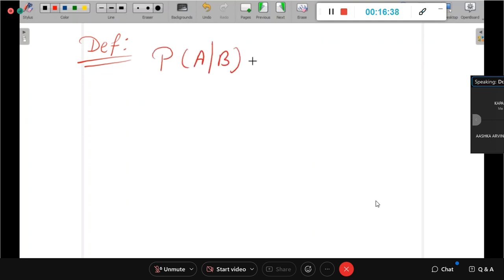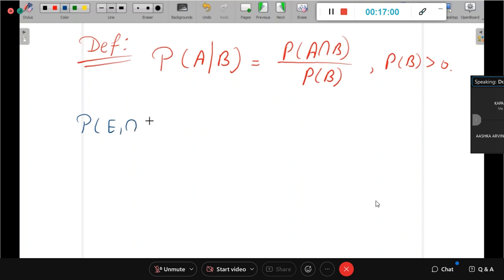The mathematical definition is: the probability of A given B is equal to the probability of both events happening together divided by the probability of the event which has already occurred, with the probability of B greater than 0. This is provided this case holds.